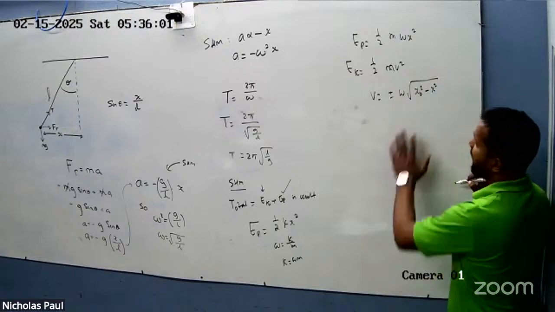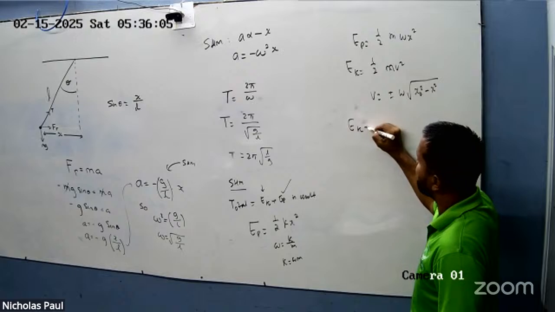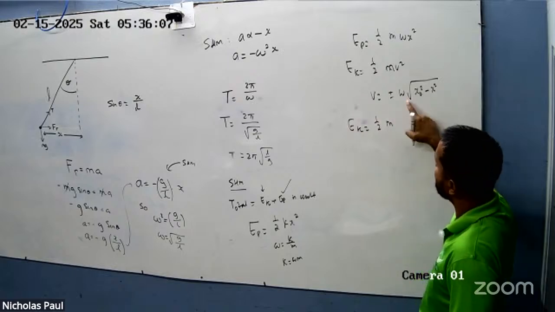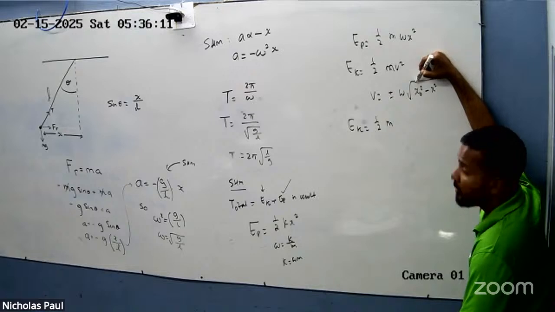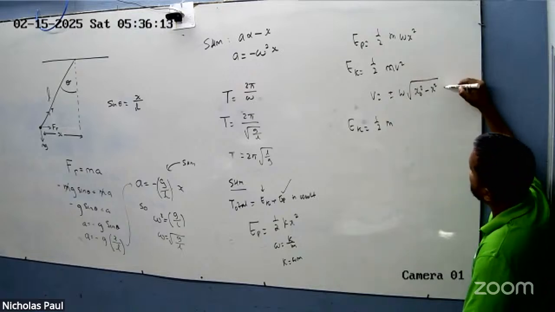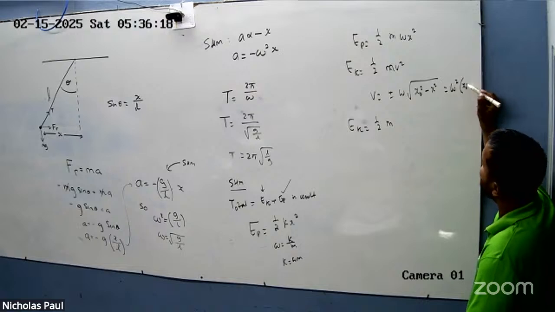If I drop this in here, I end up with kinetic energy being a half m times v squared. If I square this, I get omega squared times x naught squared minus x squared.